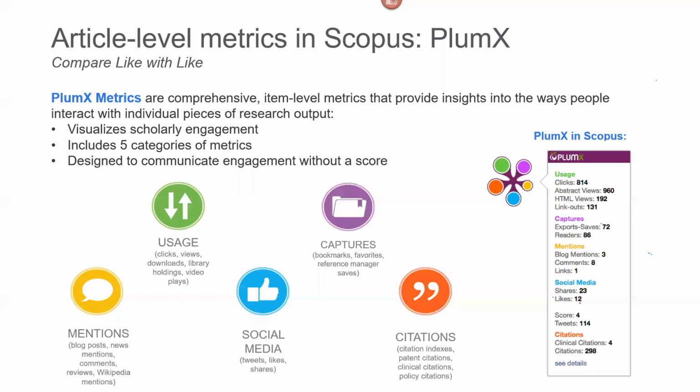It measures how many times this article was tweeted, how many times it was shared on Facebook, how many times it was liked, and so on, and the citations, of course, from different databases. You can see on the right side of the screen the metrics for one article from PlumX in Scopus.